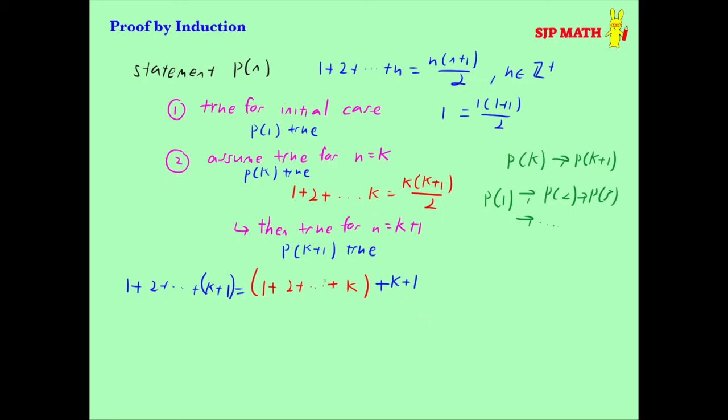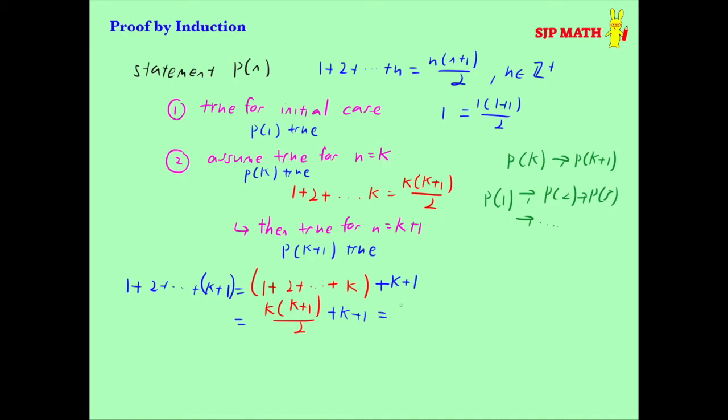So anyways, if we substitute this into here, then this becomes k times k plus 1 divided by 2, if we substitute it in, and then plus k plus 1.